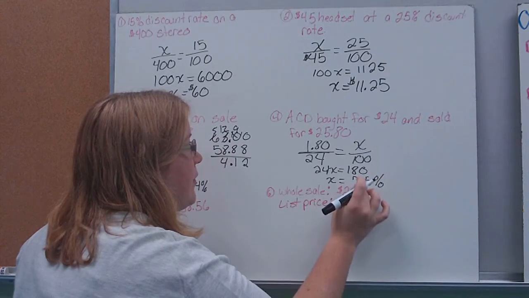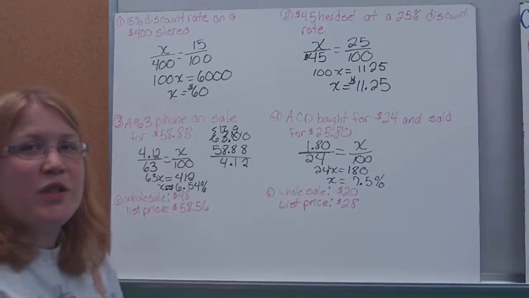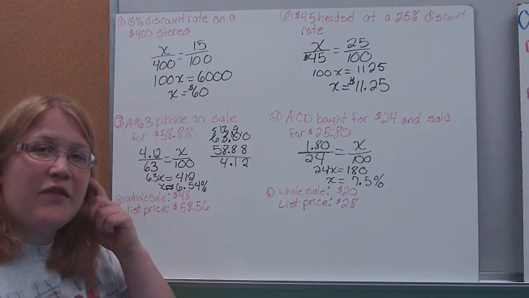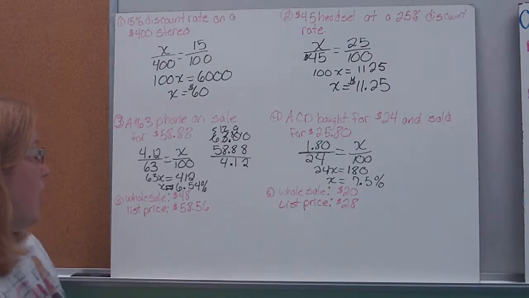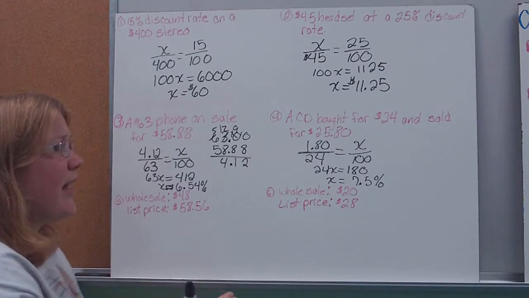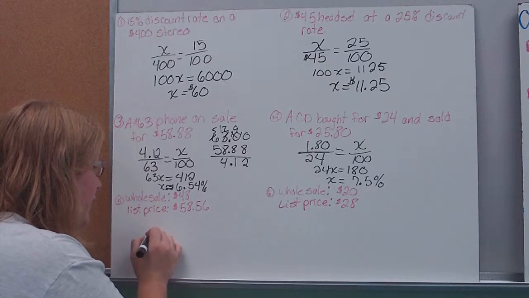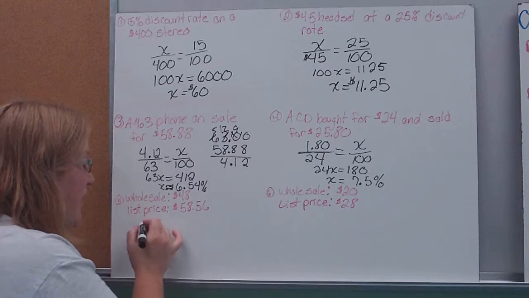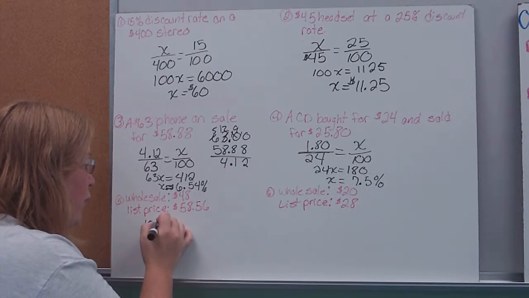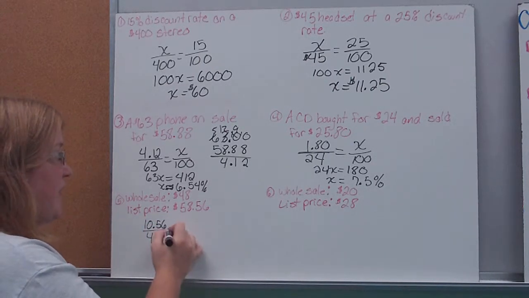All right? So it's just a matter of remembering everything we've done. And again, if you're struggling, you can always go back and rewatch some of the videos. So here, again, it's a markup because I have my wholesale price. So my wholesale price is $48. My list price is $58.56, which means I marked it up $10.56.